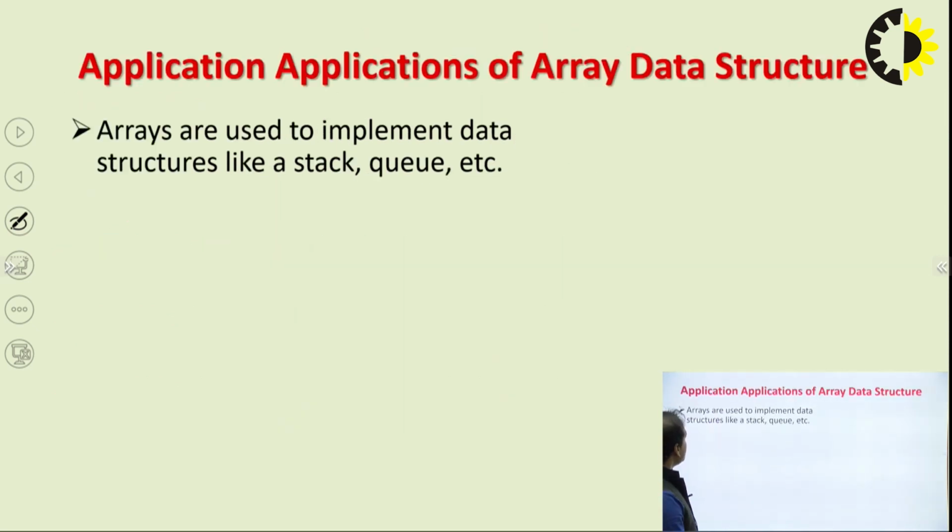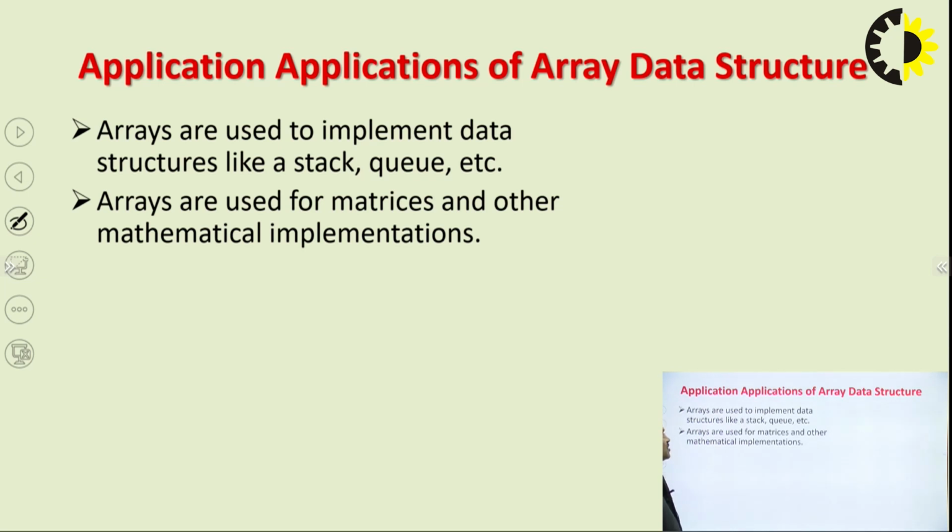Now the next topic is applications of the array data structure. The first application is that arrays are used to implement data structures like stack and queue. Yes, this is the basic data structure used to implement stack and queue efficiently.